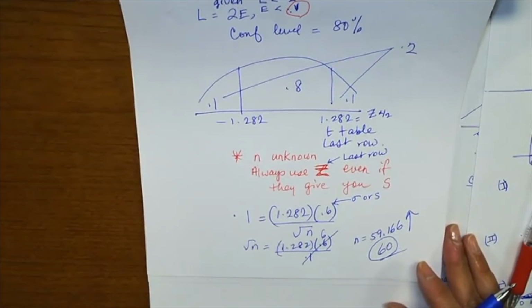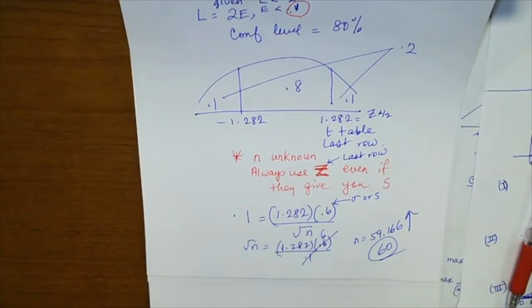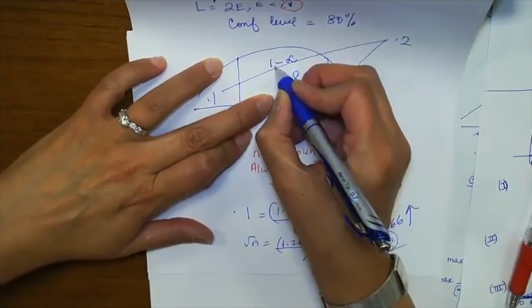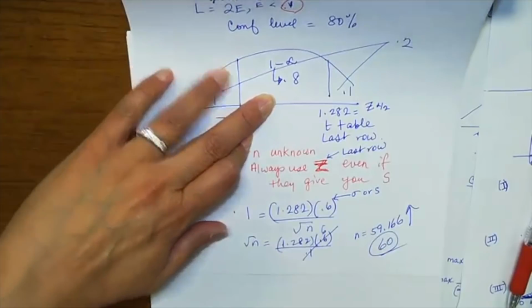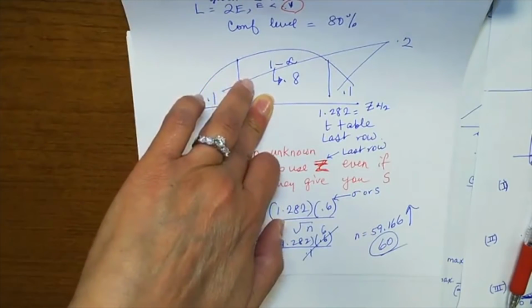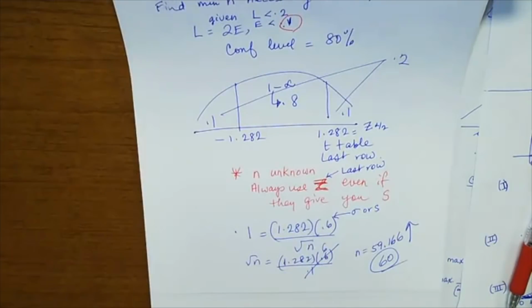Yes. What's the significance of alpha? So alpha is the type 1 error. So you're looking for the 1 minus alpha CI. So your 1 minus alpha is 0.8. Is that what you mean? Or you want more? I got it.